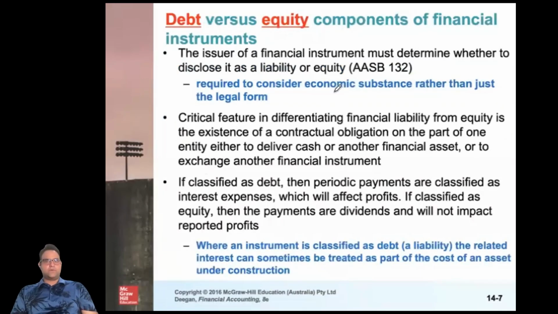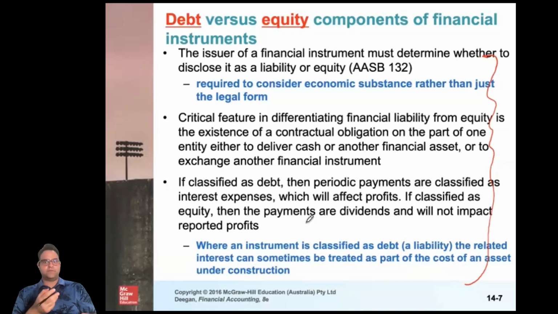So what's the difference between equity and debt? You can go through this slide. It's nice. The summary is that if you have debt, definitely you have to pay interest, which will eventually affect your profit. But if you have an equity component of the financial instrument, it's kind of nice because it's not impacting the profit immediately.